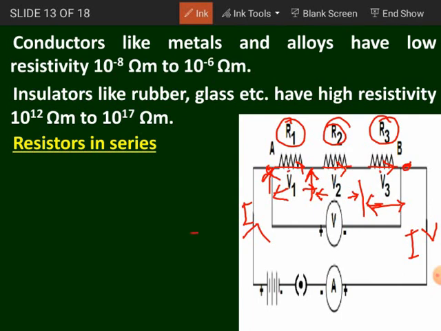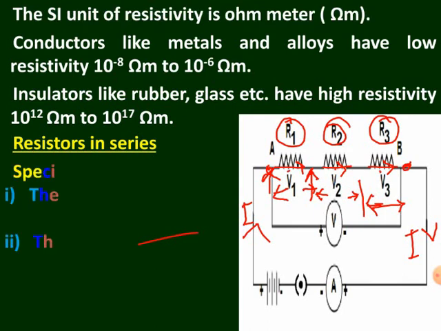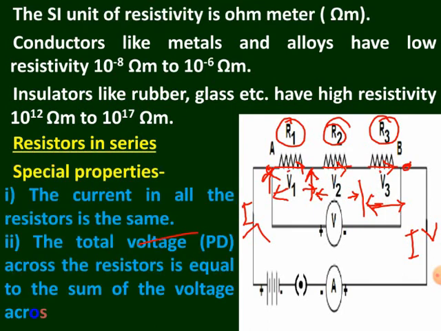The second special property of series connection is that the sum of the potential differences V1, V2, V3 across these different resistors will be equal to the total potential difference across the two ends of that series connection of resistors.